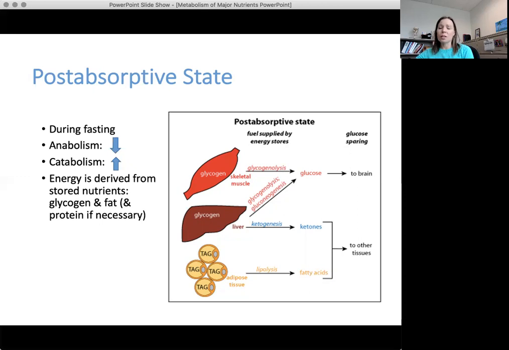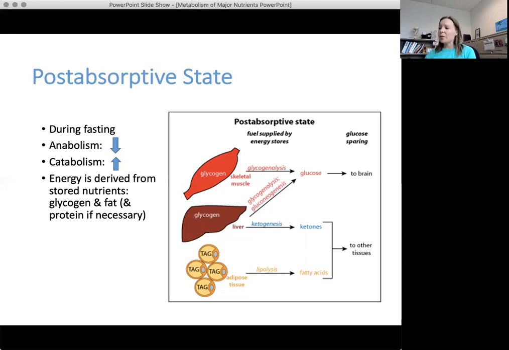Sources for energy, sources of glucose. I have them listed in your outline in order that they will be used. So first of all, you're going to use glycogen. You'll use the glycogen that gets stored in the liver first, and then you'll use the glycogen that gets stored in your skeletal muscles.